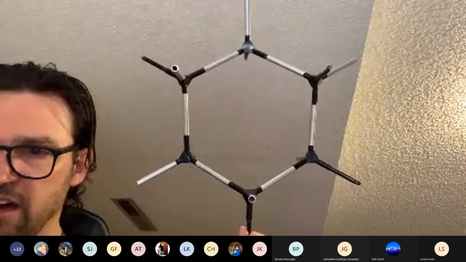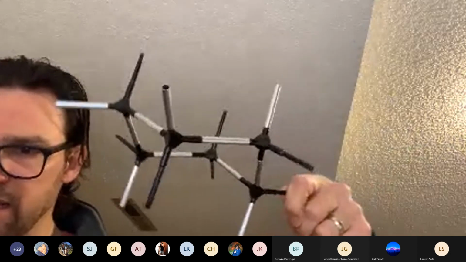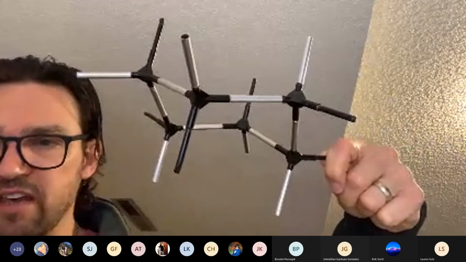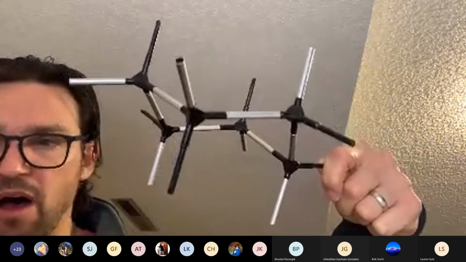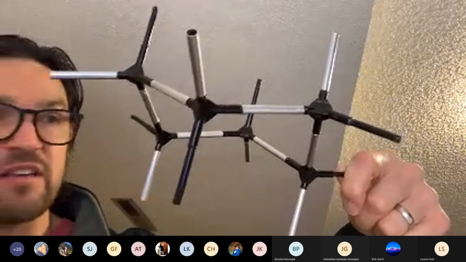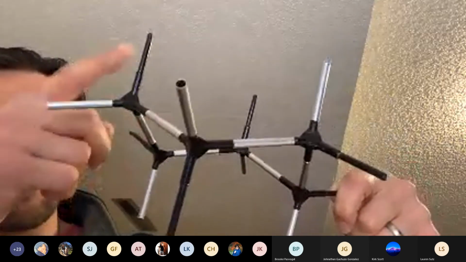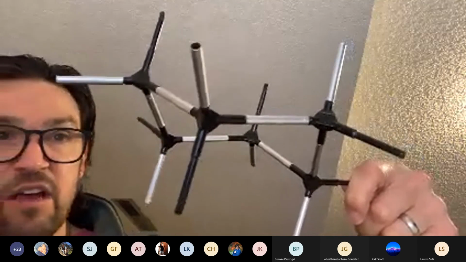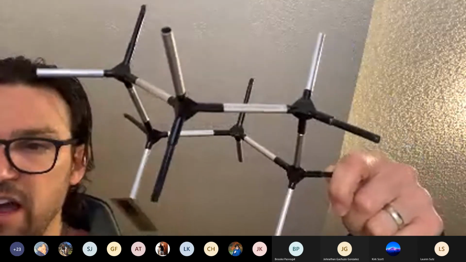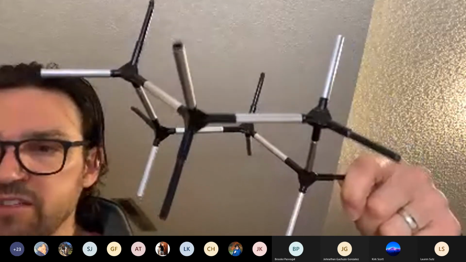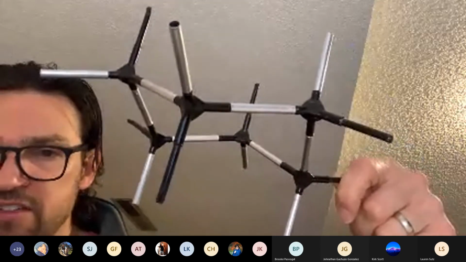It looks like a hexagon there, but when I turn it on its side, like this, you see that every carbon is perfectly tetrahedral. Every bond angle in the cyclohexane model is 109.5 degrees. This angle, there is no angle in here that is not 109.5 degrees. Since every carbon, all 6 are sp3 hybridized, that is the answer. That is why cyclohexane is the most stable of all the cycloalkanes.